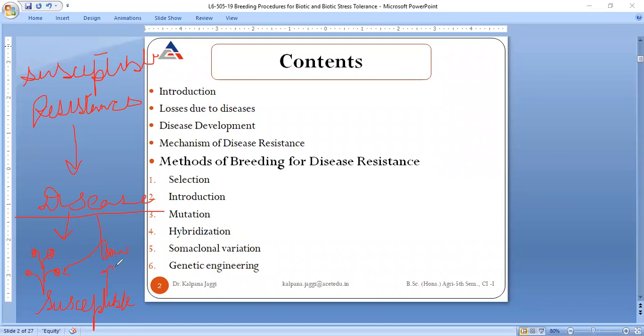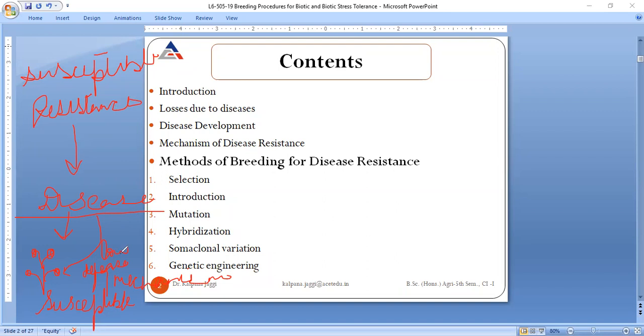Not immune system, I will say, I can call it a defense mechanism, right? That means susceptible means the plant can very easily be attacked by the disease. So such a category of plants is called susceptible.